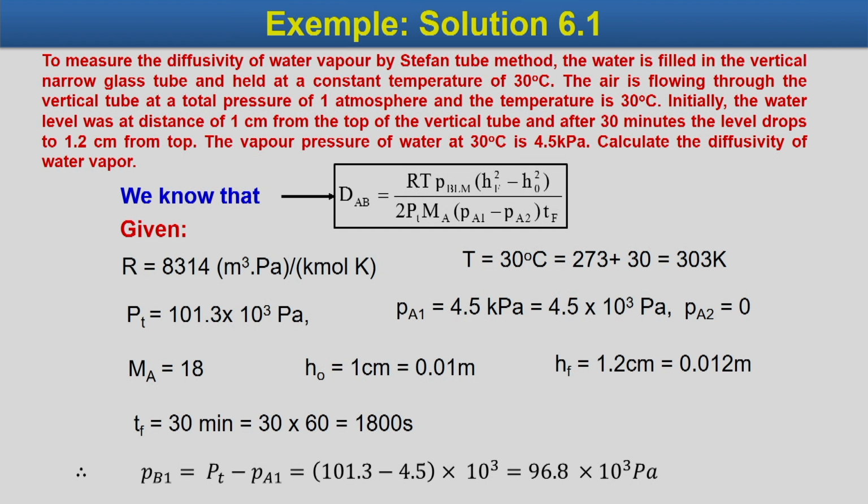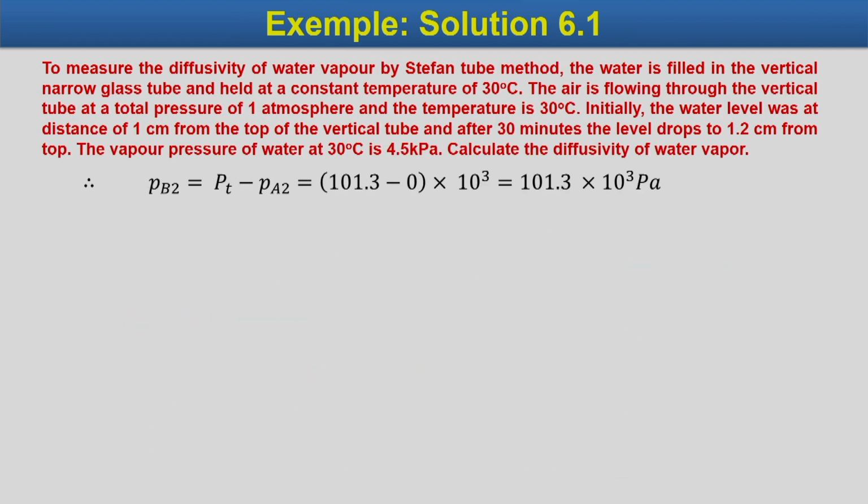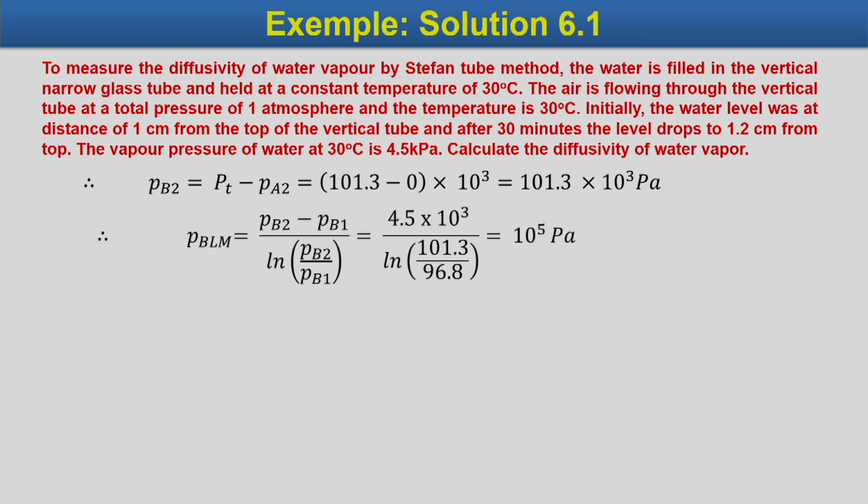So, we can calculate PB1, which is equal to PT minus PA1, 101.3 minus 4.5 into 10 to the power 3, which is 96.8 into 10 to the power 3 Pascal. Now, PB2 in a similar way is PT minus PA2, equal to 101.3 minus 0, because PA2 is 0, into 10 to the power 3, which is 101.3 into 10 to the power 3 Pascal. So, all the parameters we have calculated.